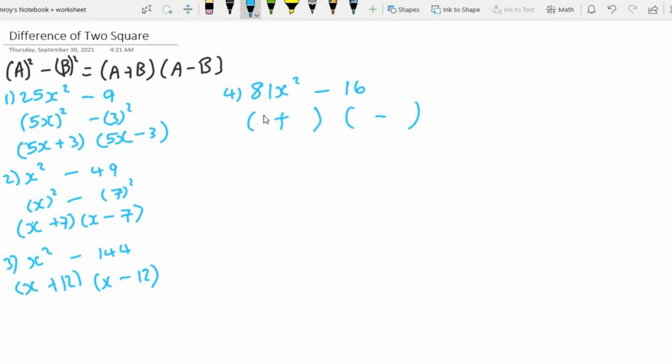So we would have 9x, 9 gives us 81, 9x, square root of 16 is 4, right? There we have it. And this is why we did this. So 81x squared, in rewriting it in its squared form, would be (9x) all squared minus 4 all squared.